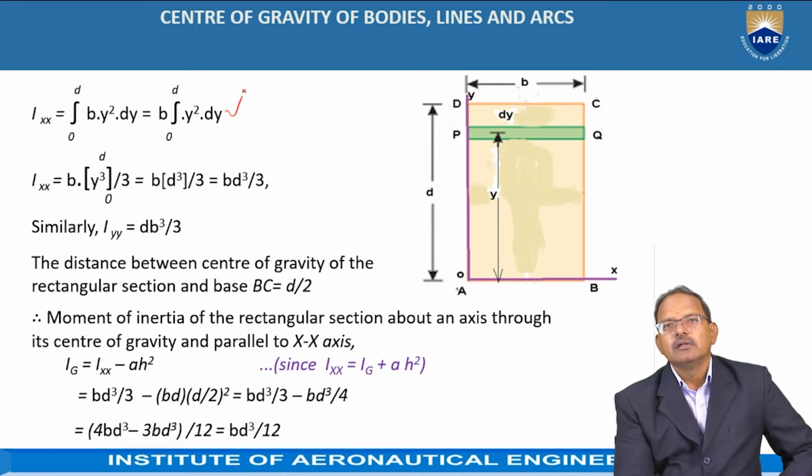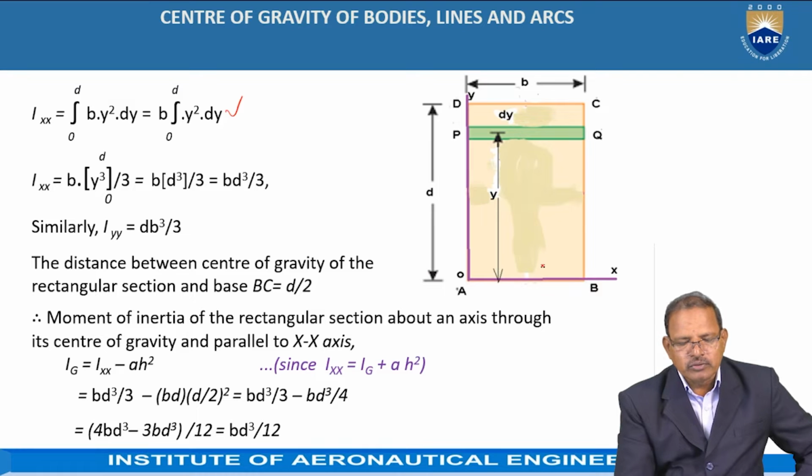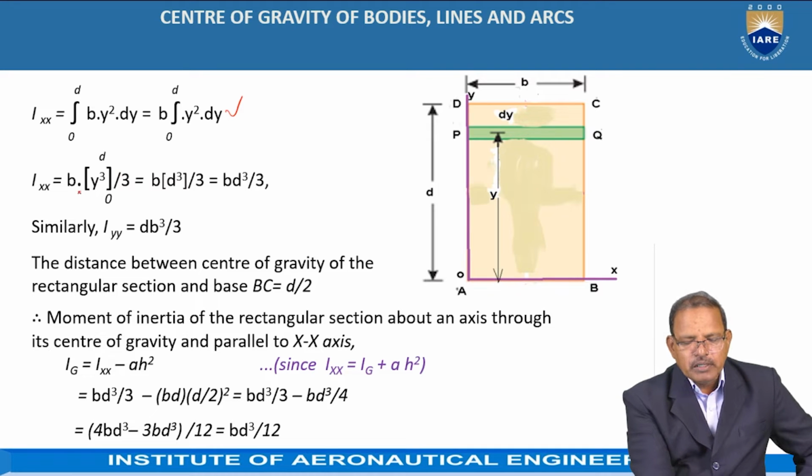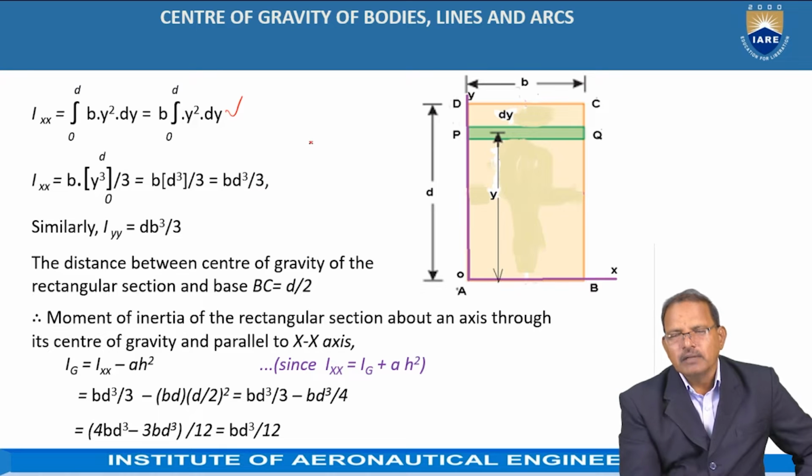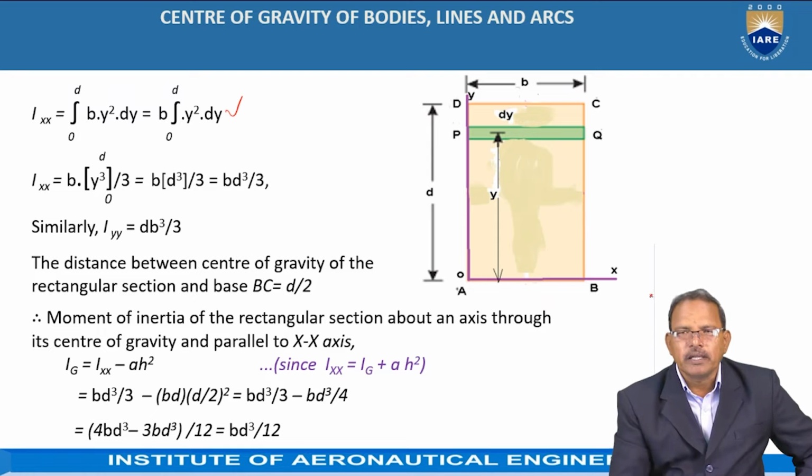So the total inertia is obtained by integrating from 0 to D. Since B is a constant, the integration of y square dy is y cube by 3. After applying limits, B into y cube by 3 from 0 to D, on substituting we get B D cube by 3. It is nothing but similar to the value obtained after applying the parallel axis theorem for the previous problem. Similarly, Iyy is equal to D B cube by 3.